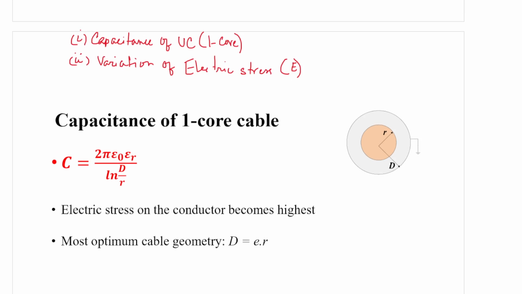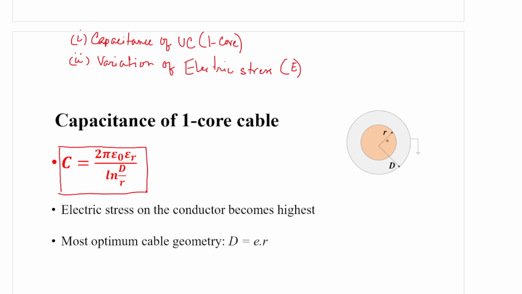Now, capacitance of the underground cable is given by this formula. In the numerator we have 2 pi epsilon 0 epsilon r, and in the denominator we have ln d by r. What is d and r? As I told you, to analyze underground cable electrically, we require only two layers.